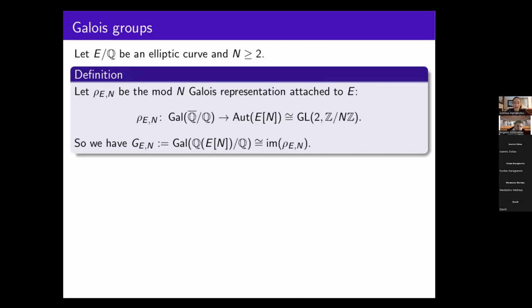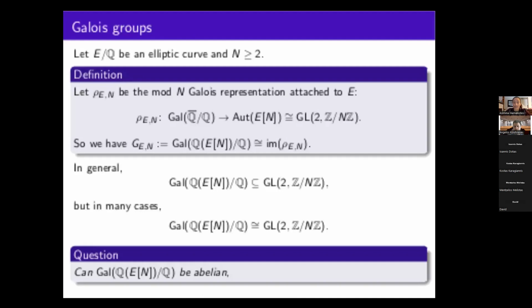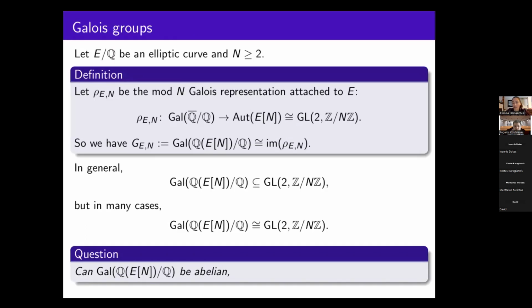As we can see, in general, this Galois group is going to be contained in GL2(Z/nZ), but in many cases, it's actually isomorphic to GL2(Z/nZ). So a question that we're interested in is, can this group be abelian? And how do we study that? Well, we can study that by looking at the image of the Galois representation, which is going to be some matrix group, and seeing if this group is abelian.